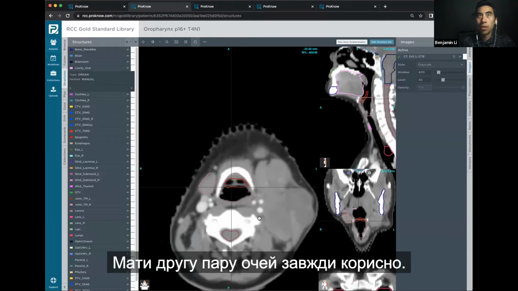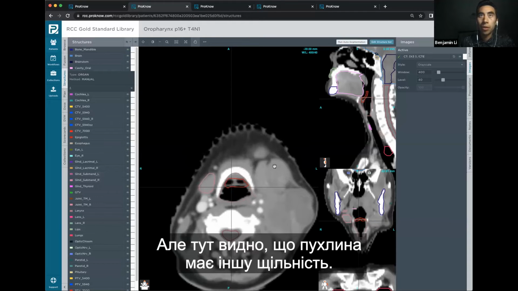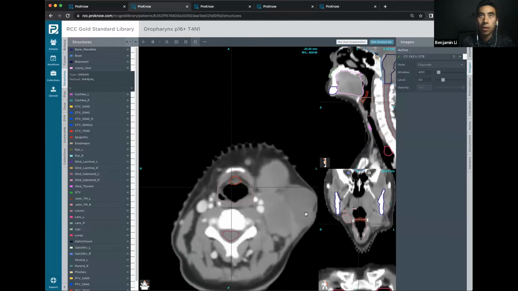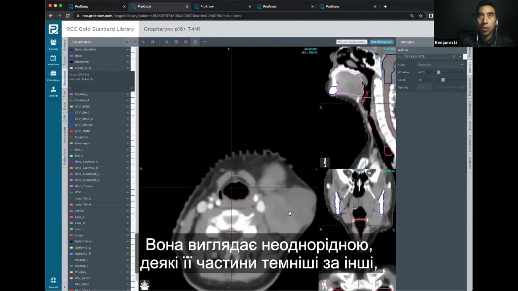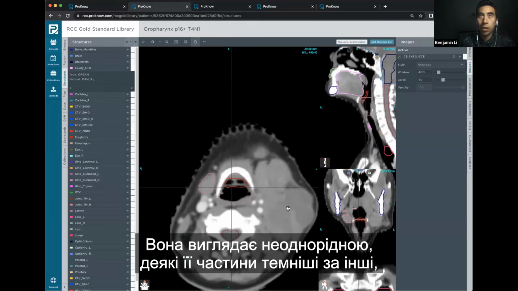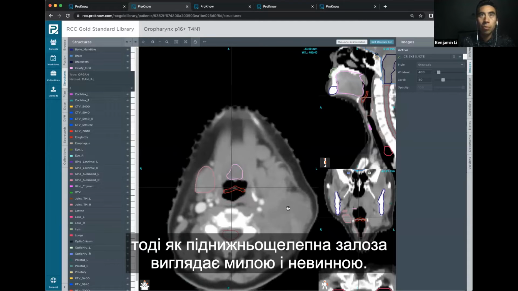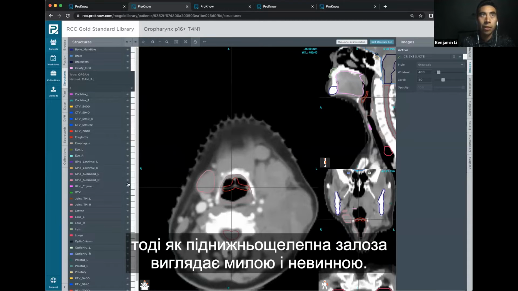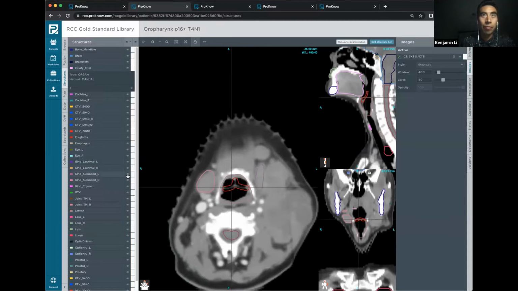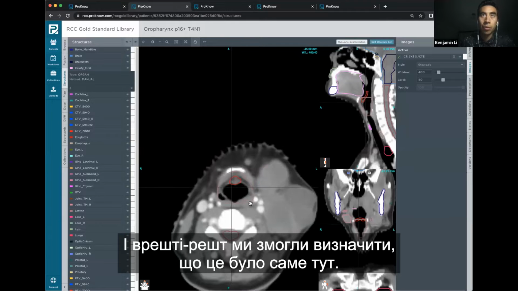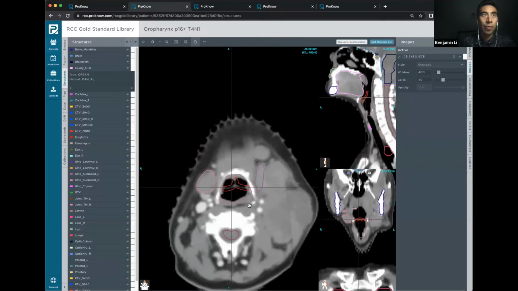Having a second pair of eyes is always helpful. But here you can see how the tumor has a different kind of density. It looks kind of heterogeneous. Some parts of it are darker than others, whereas the submandibular gland is kind of nice and innocent. And so ultimately we were able to determine it was right here.